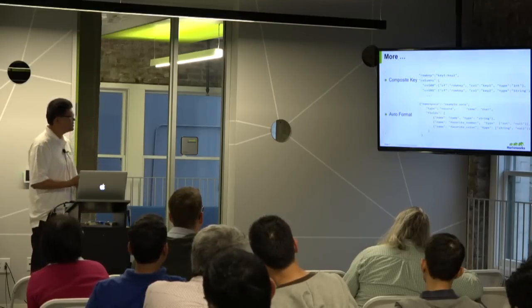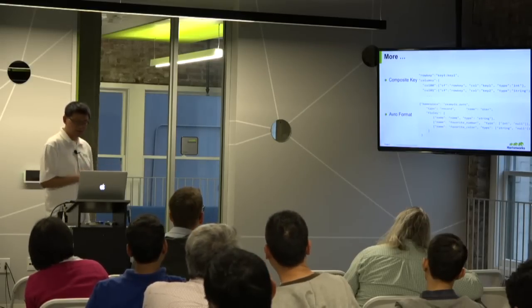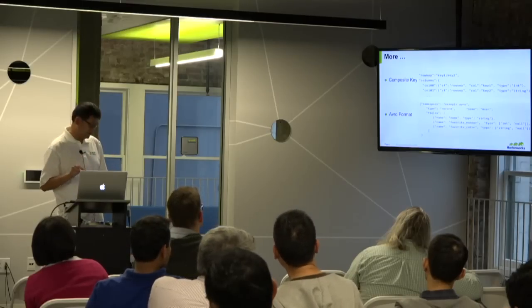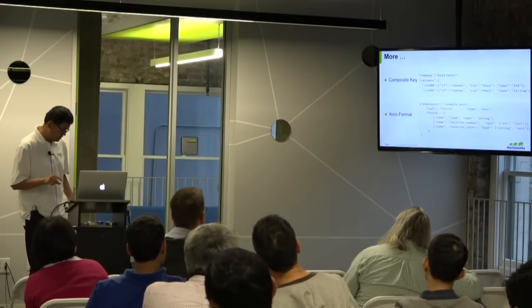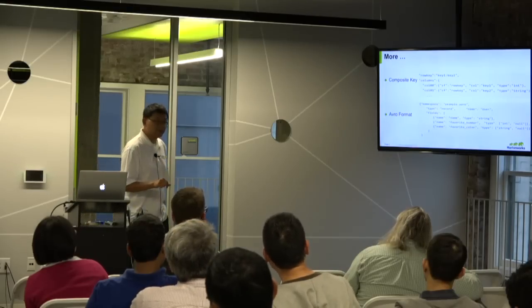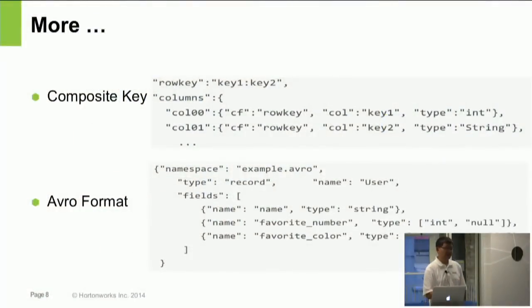We also support the composite key. In the row key part, you can have a composite key. We support the Avro format. In HBase, a key value is just a byte array, but you can save it in Avro format. Avro format means you can have a very complex data structure in the HBase cell.